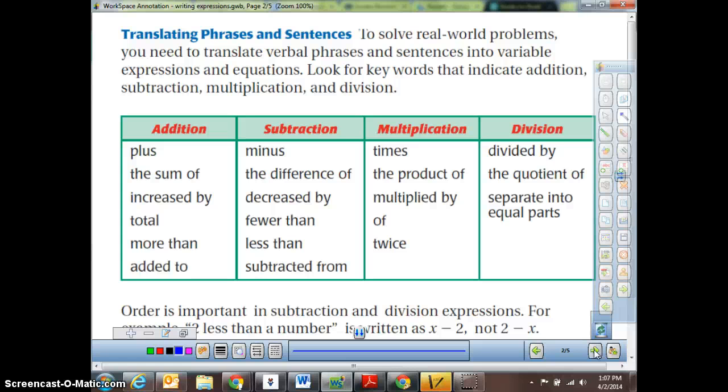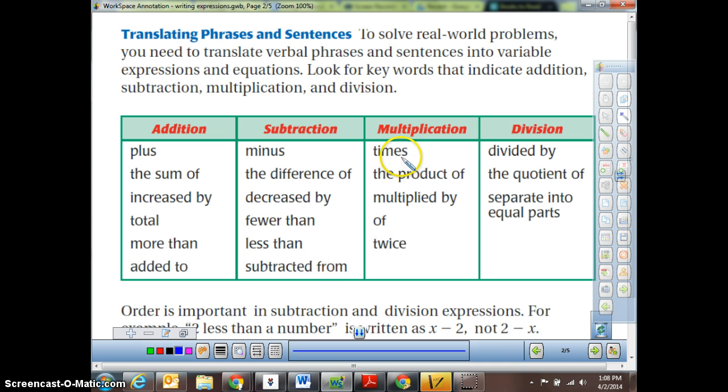And so this here happens to be a little bit of a cheat sheet. Anytime we're going to be adding, you might see the words plus, the sum of, increased by, total, more than, added to. All of those things are going to indicate addition. If we need to subtract, we might hear words like minus, a difference of, decreased by, fewer than, less than, subtracted from.